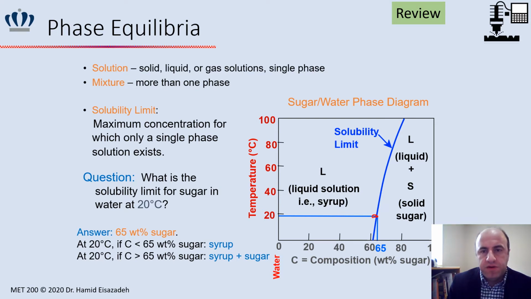Then after some time, the system gets in equilibrium state, and you see, for example, increasing the temperature will be able to add more sugar into the water. Beyond this solubility limit, whatever sugar you add is gonna settle to the bottom of the beaker.